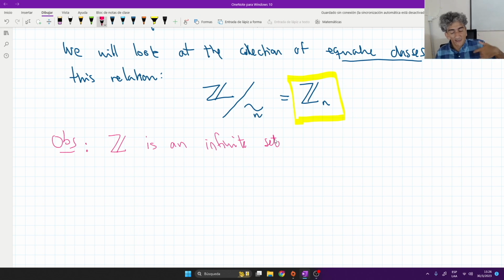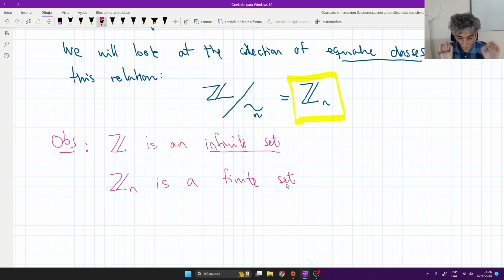It has infinitely many elements: 1, 2, 3, 4, 5, etc. When we look at the equivalence classes, we see that Z sub n is a finite set. Right? So the operation of looking at Z with this special sort of glasses that allow us to look at equivalence classes, we just see finitely many elements.